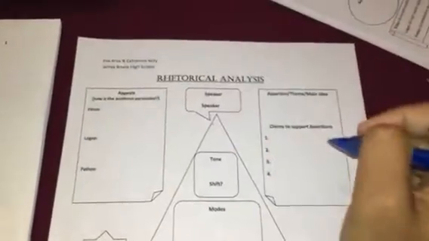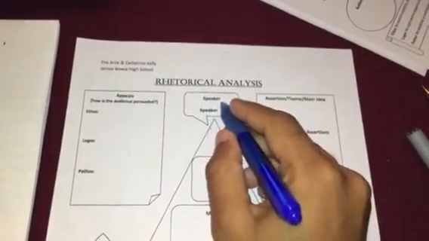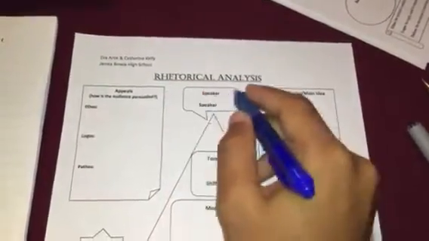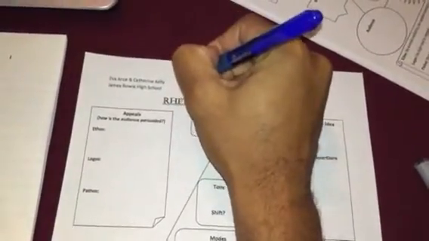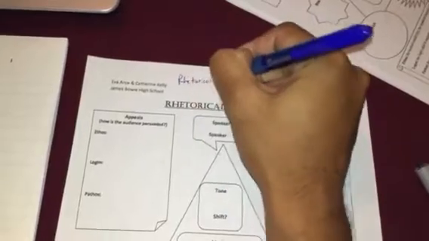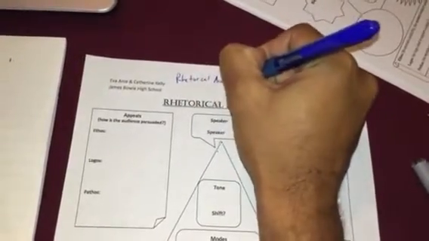Anyway, what we have here at the very top is, well, a rhetorical analysis triangle. And I told everyone during class, I said, hey, write down what a rhetorical analysis is, overall.